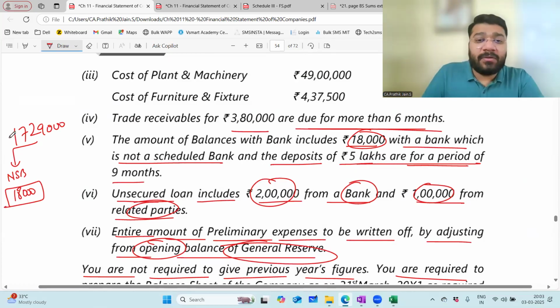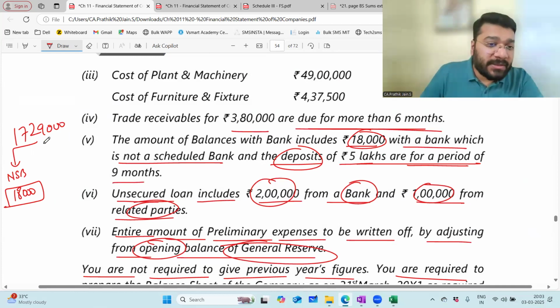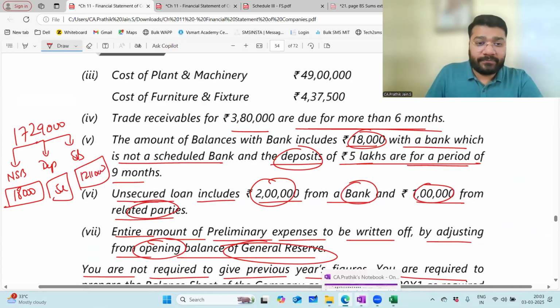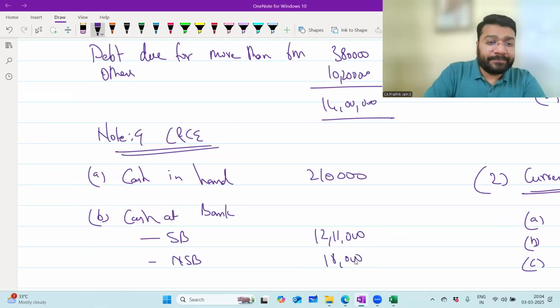5 lakh is there in deposit, which is maturing, which is there for 9 months. That is 3 months to 9 months. Category C. How much is this? Deposits 5 lakh. So balance is there in your current account. How much is it? 17,29,000 minus 5,18,000. 12,11,000 is there in the scheduled bank. 18,000 non-scheduled bank.